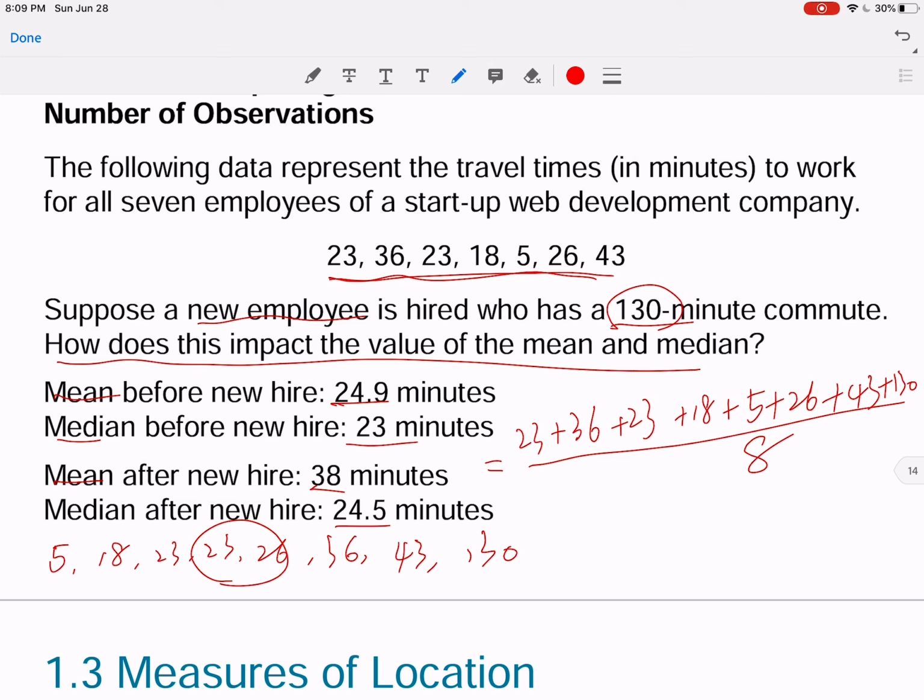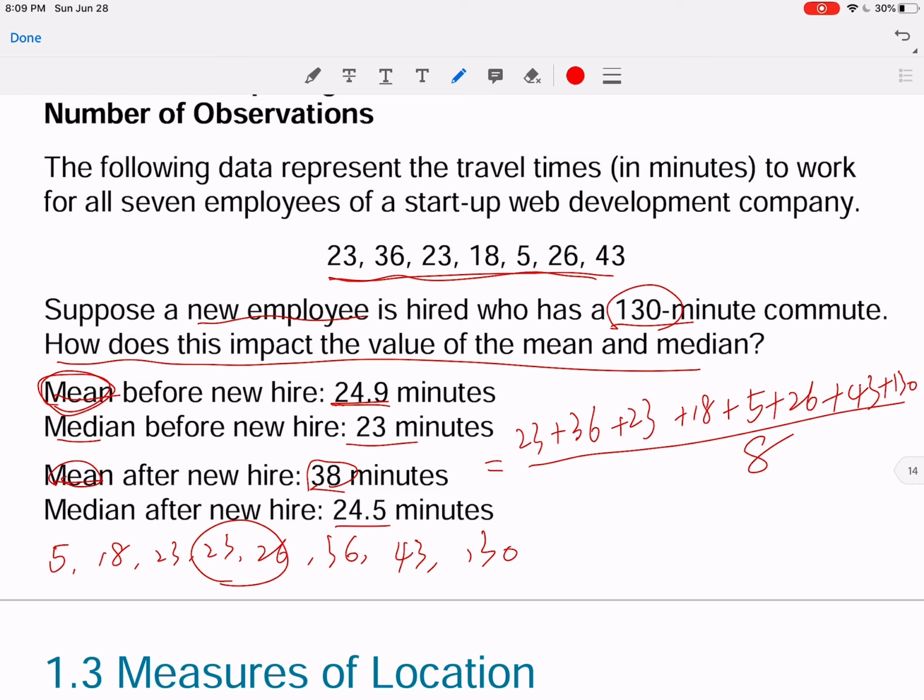Now we can tell that before and after the new hire, the mean is going to be 38 from 24.9, but the median is only going to be 24.5 from 23.